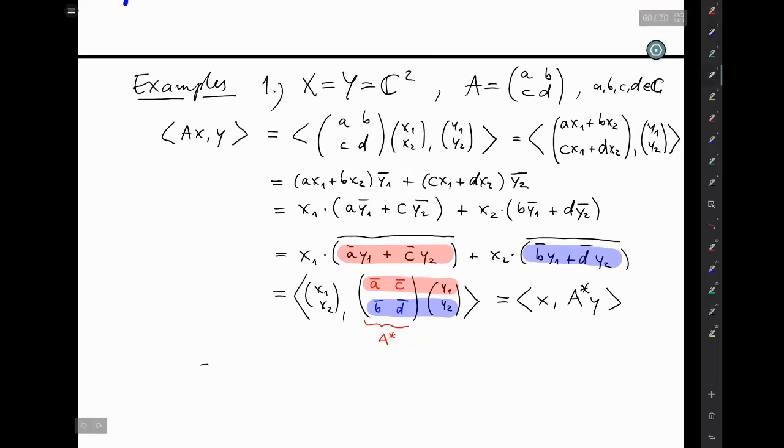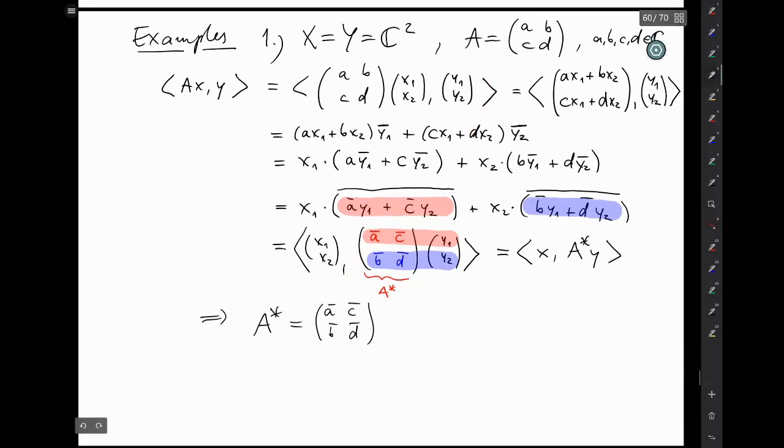Okay, good job. So we've finally seen that A star is given by the 2 by 2 matrix A bar, C bar, B bar, and D bar, which perfectly fits what you have learned in your first year linear algebra course, that you just have to transpose and complex conjugate your original matrix A to get here.